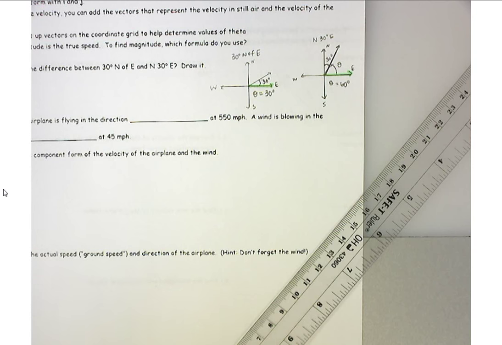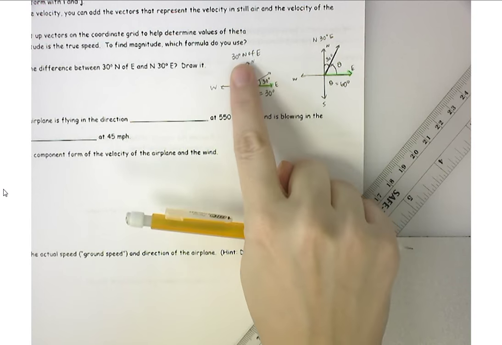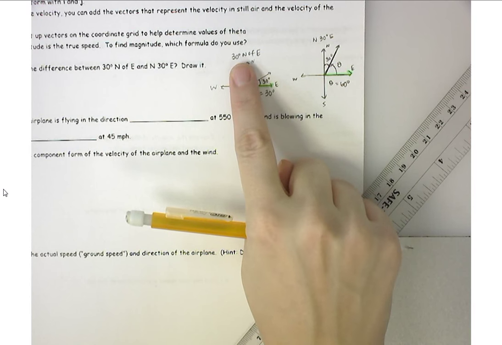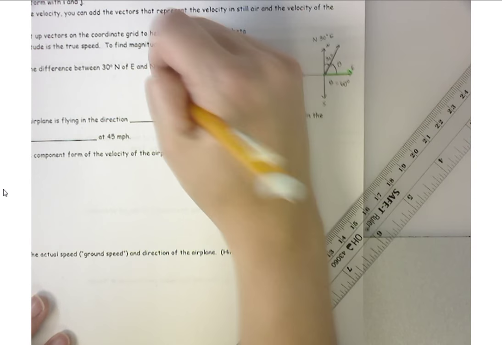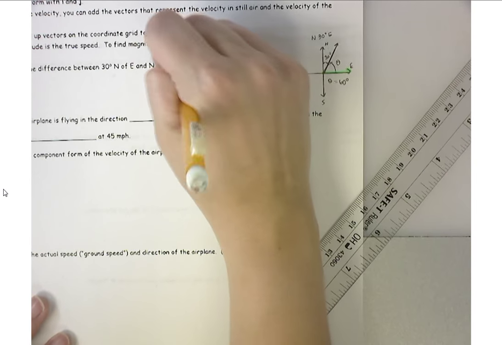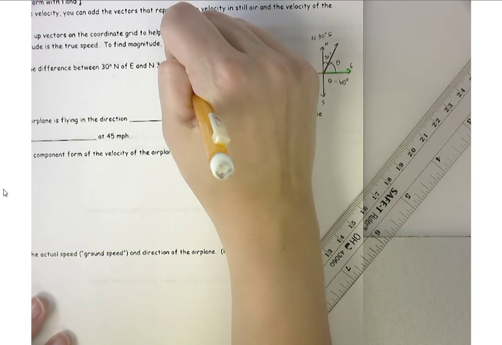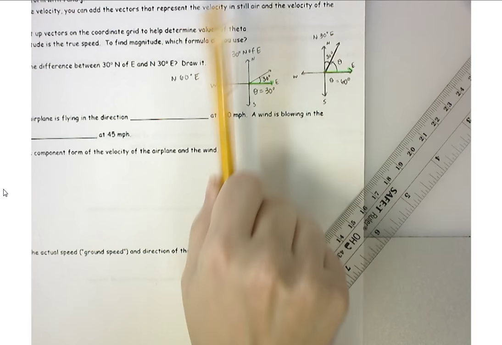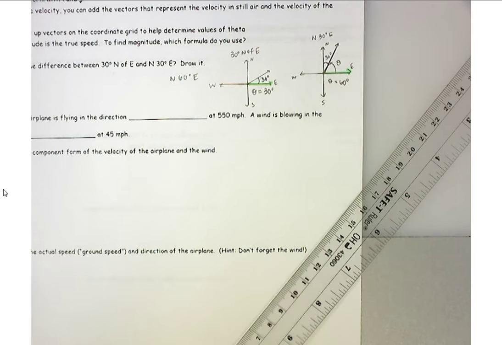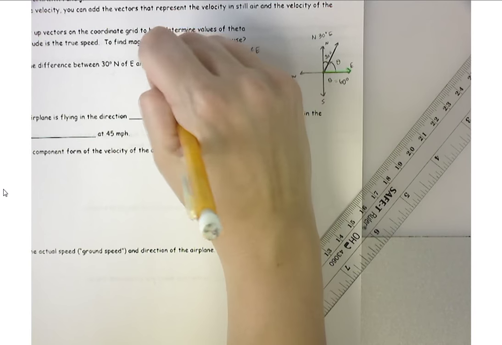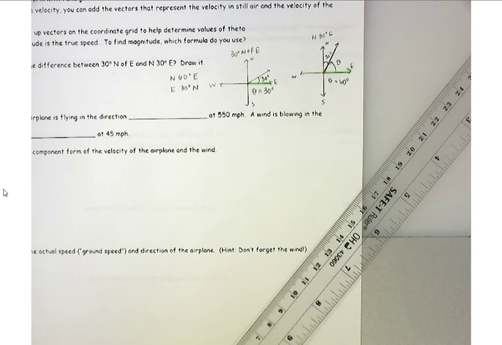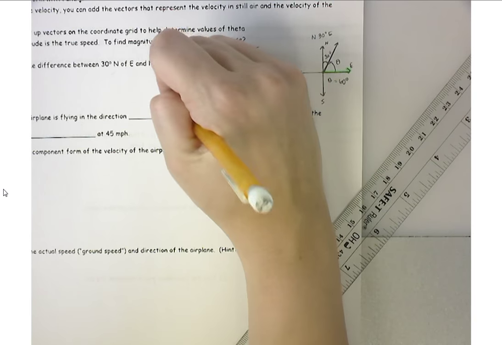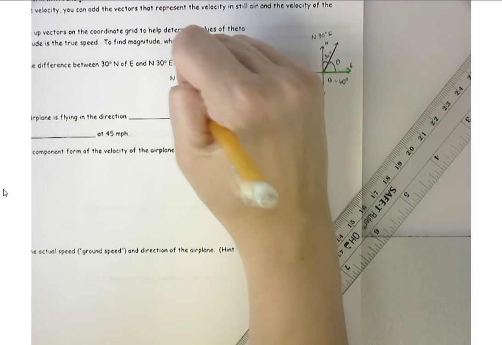Now, there's more than one way that you can write this as a bearing. So 30 degrees north of east, you could also write this as north 60 degrees east, right? Because you could start north and then adjust 60 degrees east. You could start east and go 30 degrees north, okay? And you could also say 60 degrees east of north.